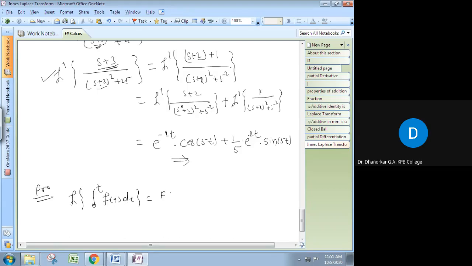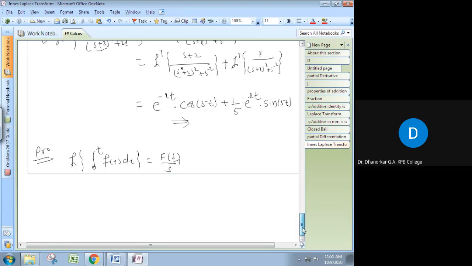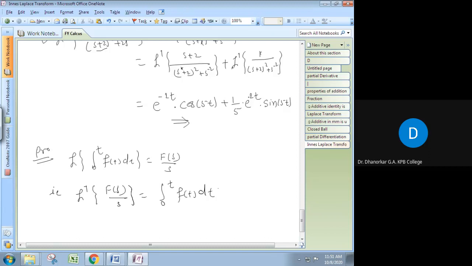This is F of s divided by s. You are knowing this property. Therefore, in a similar way, I will state this property: L inverse of F of s divided by s is nothing but integration 0 to t f of t into dt.